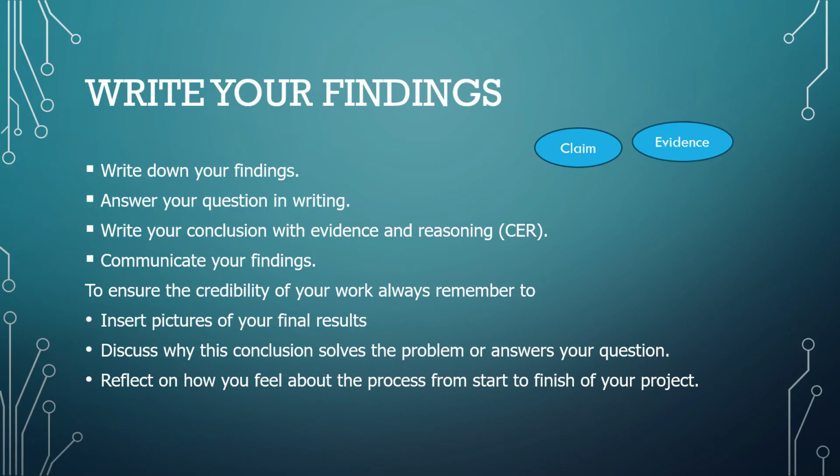Evidence is everything from the beginning to the end that you have collected to make sure or ensure that your result is correct. Because remember, the scientific method is supposed to be reused and retested by somebody else who decides whether they want to prove you right or prove you wrong.